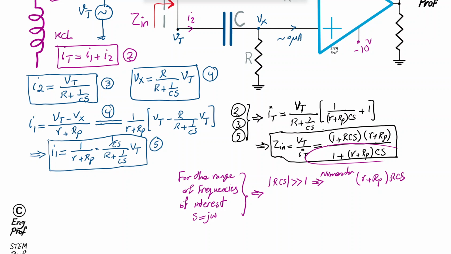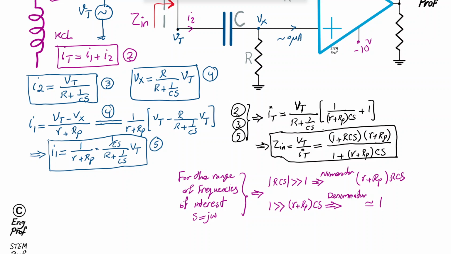And for the denominator, if I can make the assumption that 1 is considerably, practically larger than R plus Rp times Cs, then the denominator effectively becomes 1. So we are done.